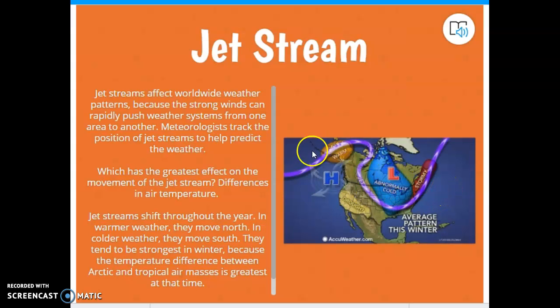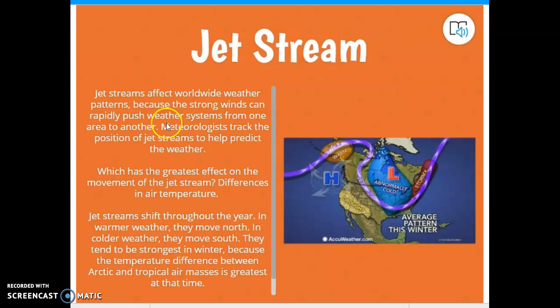Well, now you see this other giant river of wind that could also deflect some of those weather patterns, or if it gets caught in here, move them very quickly across the United States. And that's typically because these strong winds have the force to move these weather systems from one place to another.